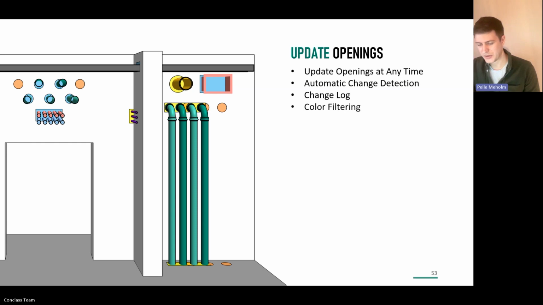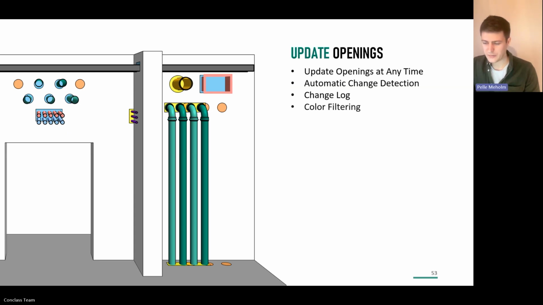And at any time, you can just restart ConVoid, and then ConVoid will update these openings automatically. You will have a change log with a full history showing what changes appeared. And there you can see the change of location, the change of size, and so on.